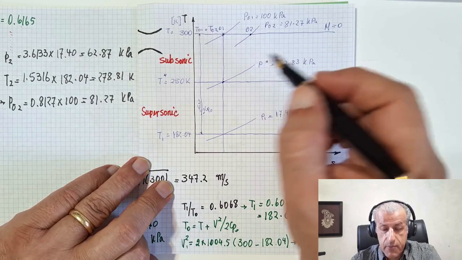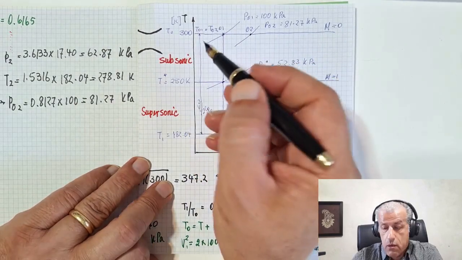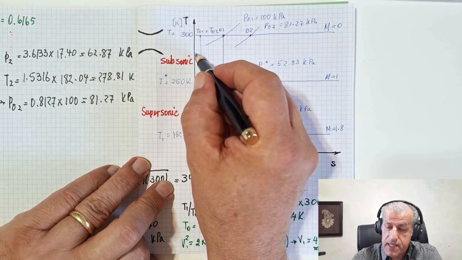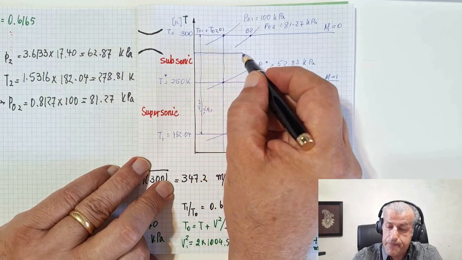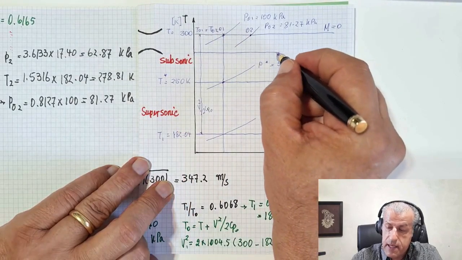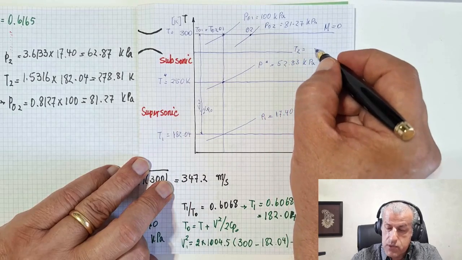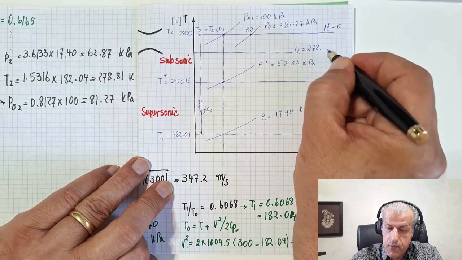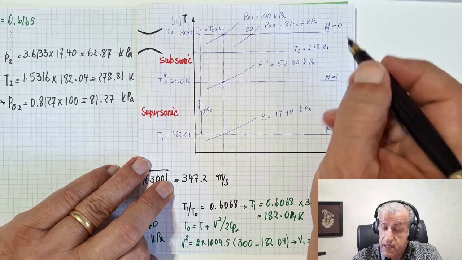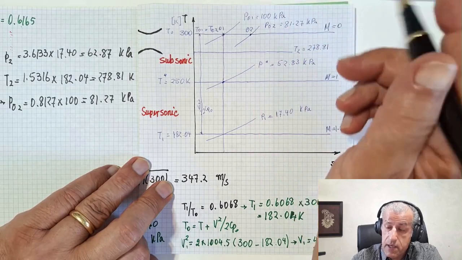Also, we have learned about T2, which is 278.81. So it should be somewhere between this one and this one. It's somewhere here. This is the temperature at point 2. Let's write it here, T2 equals 278.81. So, as you expected, it's in the subsonic range. After the shock, point 2 is in the subsonic range.